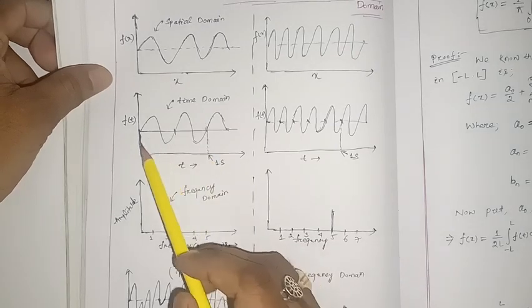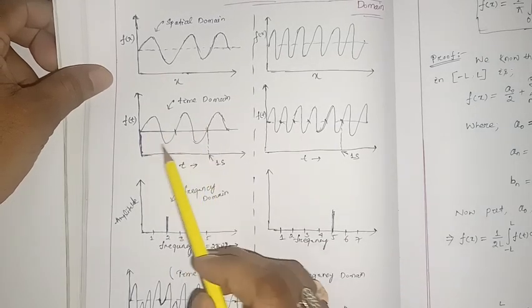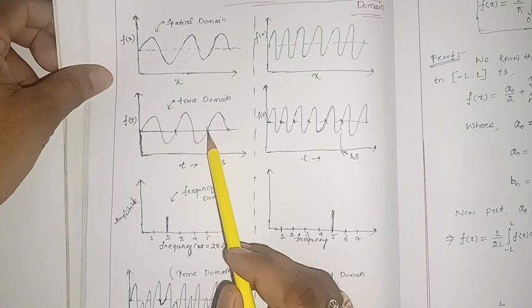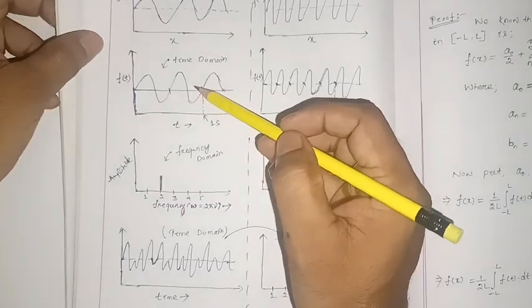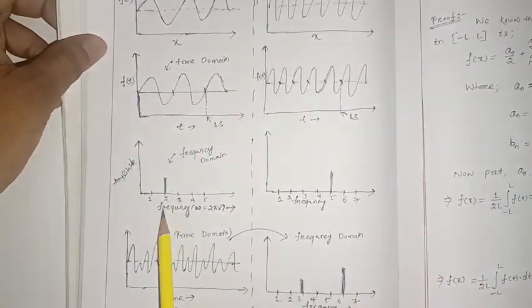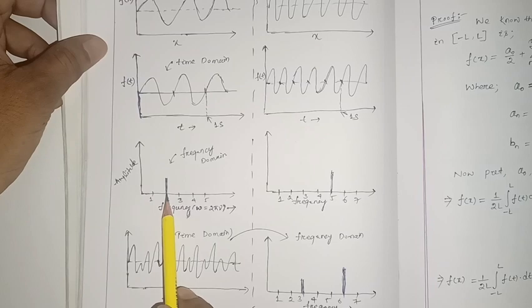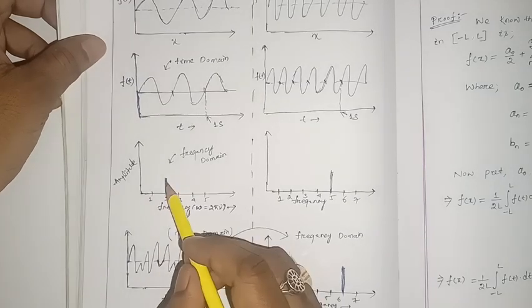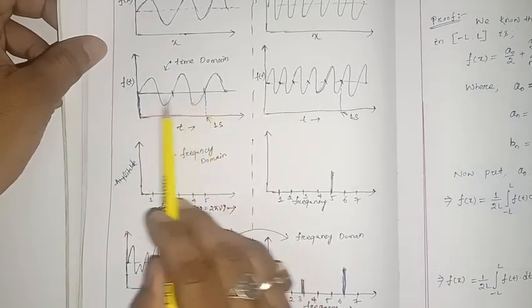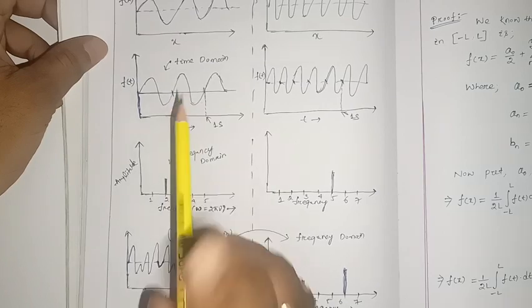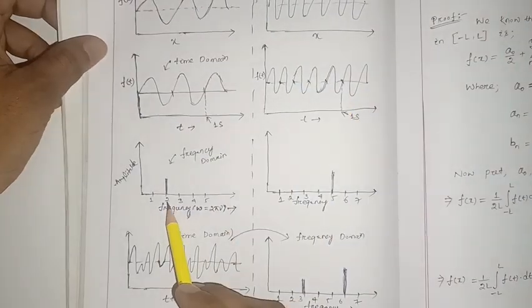In the time domain, here we can see two waves pass through this particular point in 1 second. If I transform this time domain to frequency domain, at 2 one line will be observed. That means in this time domain we have one wave with frequency 2.